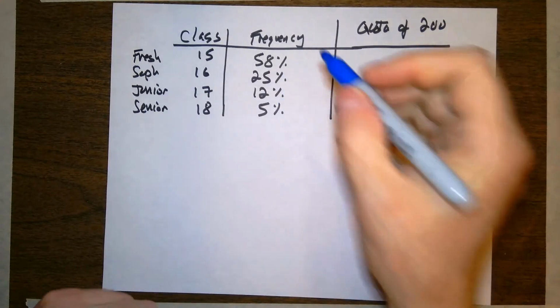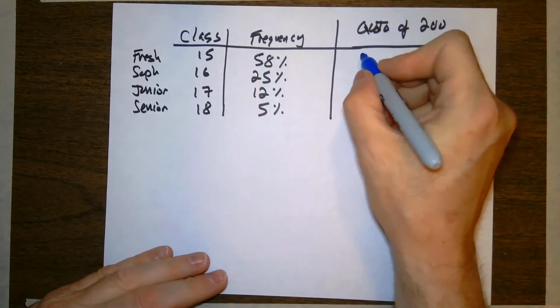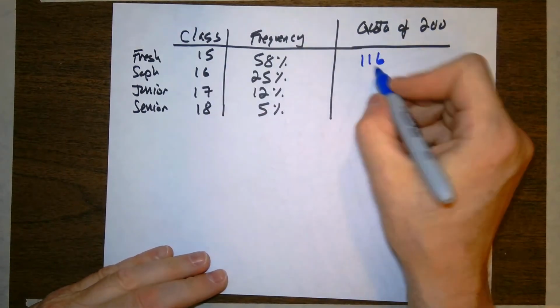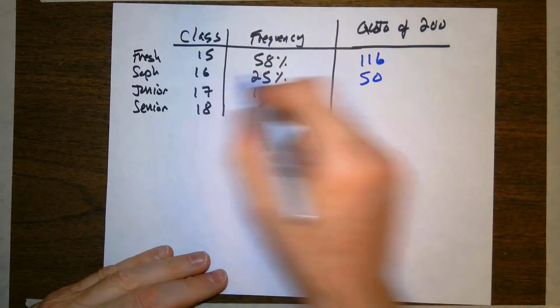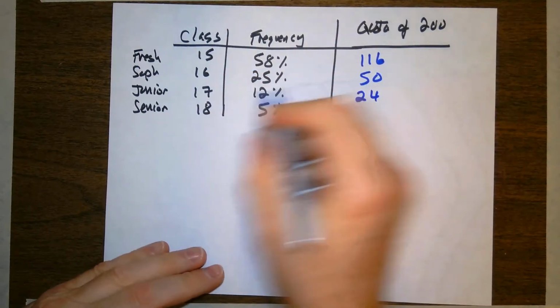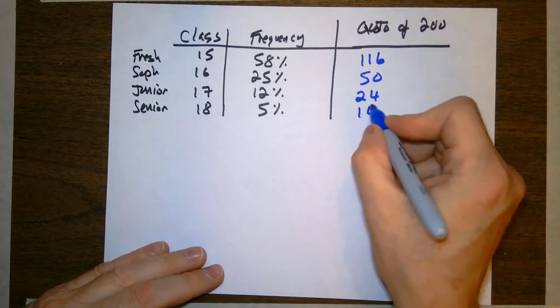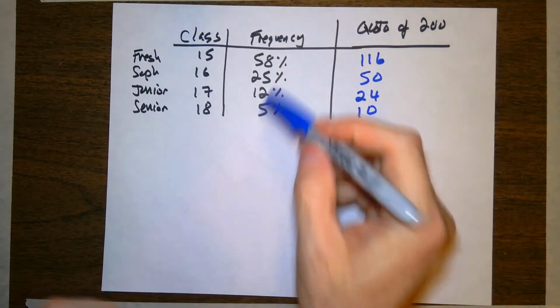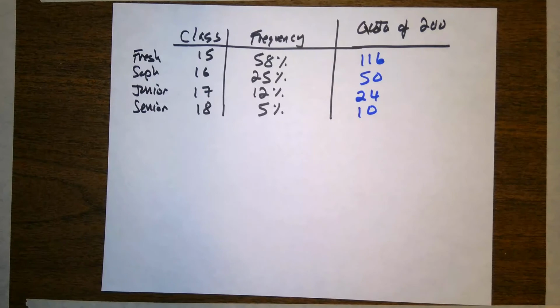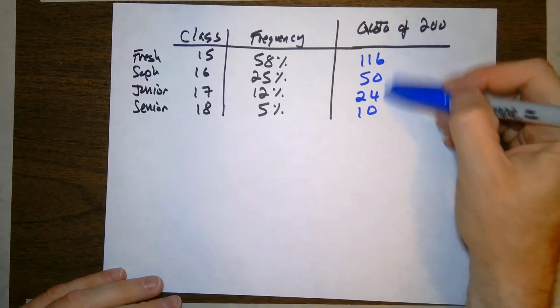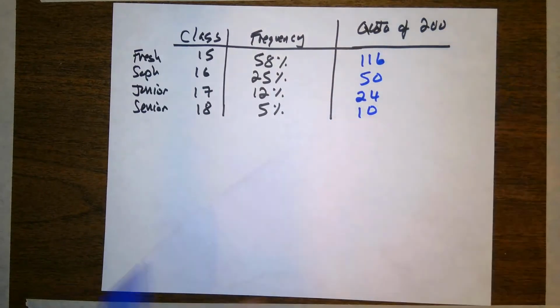If 200 people, then 58 times 2, I would have to have 116 15-year-olds, 50 16-year-olds, 24 17-year-olds, and 10 18-year-olds. Now you can see why I picked nice, well-behaved numbers. This would tell me how many students I would have to have in order to have a representative subset, a representative population. The sampling process here is nice and quick, simple and convenient.